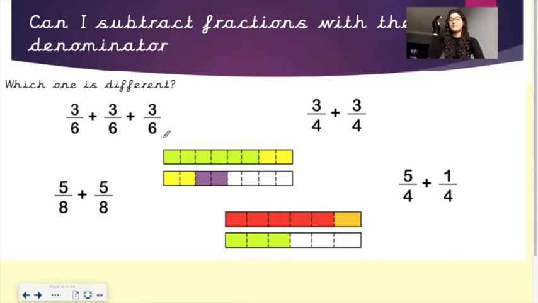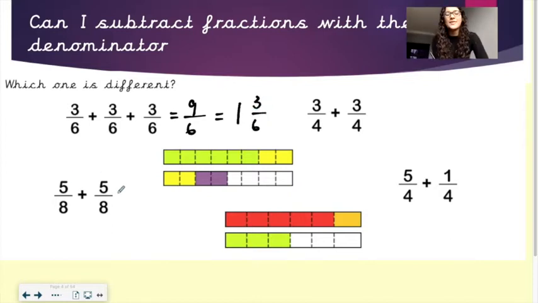each sum would be. So for example, if I look at the first one, 3/6 plus 3/6 plus 3/6 would be 9/6, otherwise known as 1 and 3/6. Let's keep going. 5/8 plus 5/8 equals 10/8, otherwise known as 1 and 2/8.